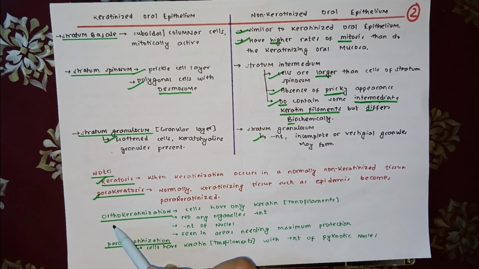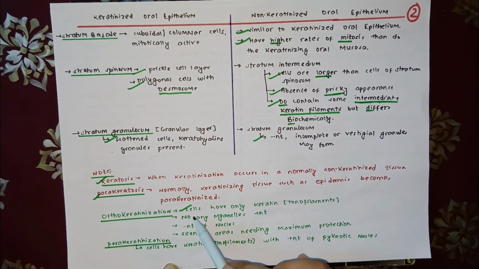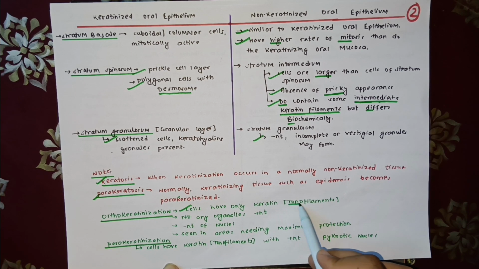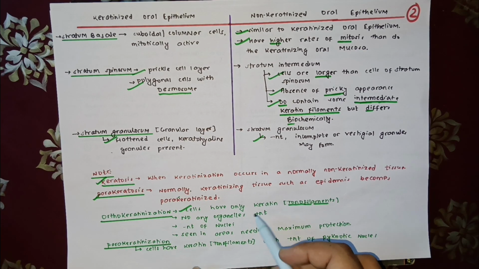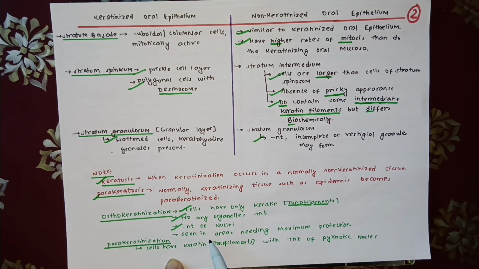After that, orthokeratinization means cells have only keratin, with a large number of tonofilaments, and no organelles, and absent nuclei. It is seen in areas needing maximum protection.